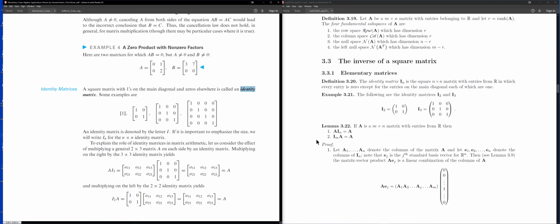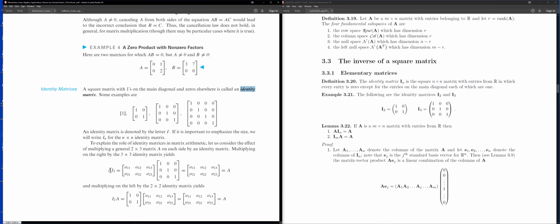Okay, so the reason they call it the identity matrix is that it's a multiplicative identity, right? Which means that if I have a matrix A and I multiply it by the identity, notice that this matrix A that I'm multiplying the identity by doesn't have to be a square matrix, right?